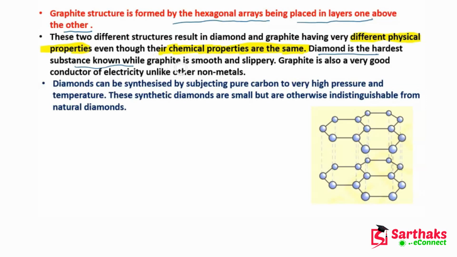That nib is very smooth and slippery also. So we can say that graphite is smooth and slippery, because you can see these layers of hexagonal arrays are placed one above the other, so they are very slippery in nature.